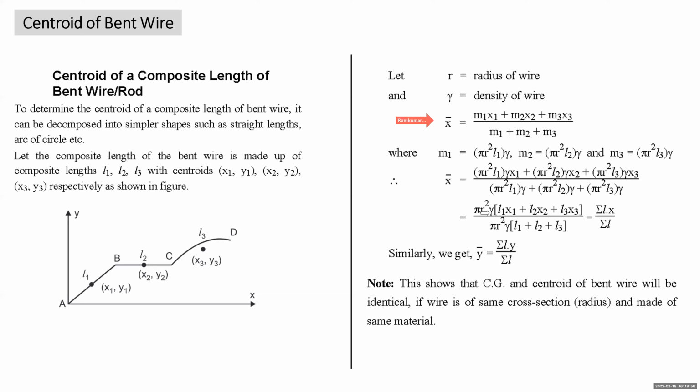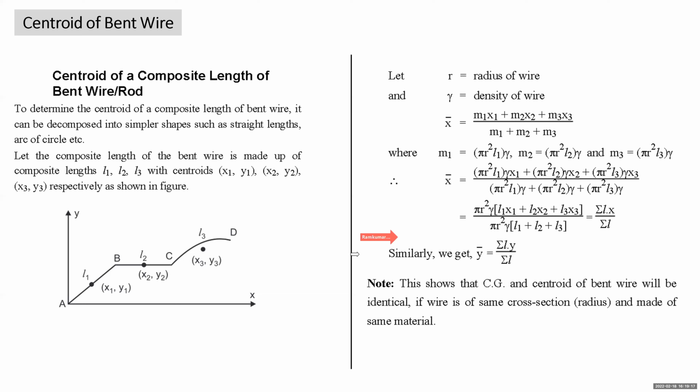Then you see that pi r square gamma gets cancelled. The numerator is left with what? L1 x1 plus L2 x2 plus L3 x3 divided by L1 plus L2 plus L3, or we can say summation Lx upon summation L. Similarly, we can find y bar equal to summation Ly upon summation L.